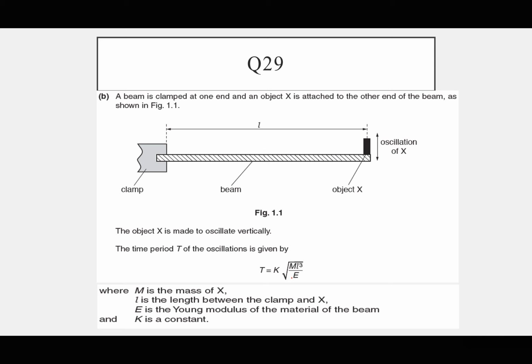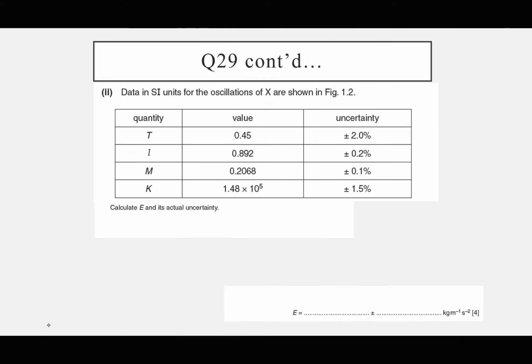Okay, I think the question continues. Let's see on the next page. Data in SI units for the oscillations of X are shown. Calculate E and its actual uncertainty.